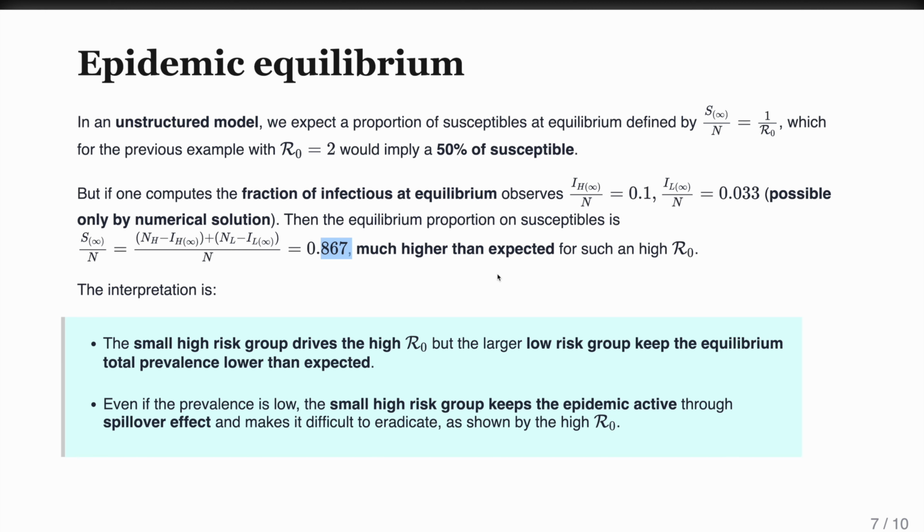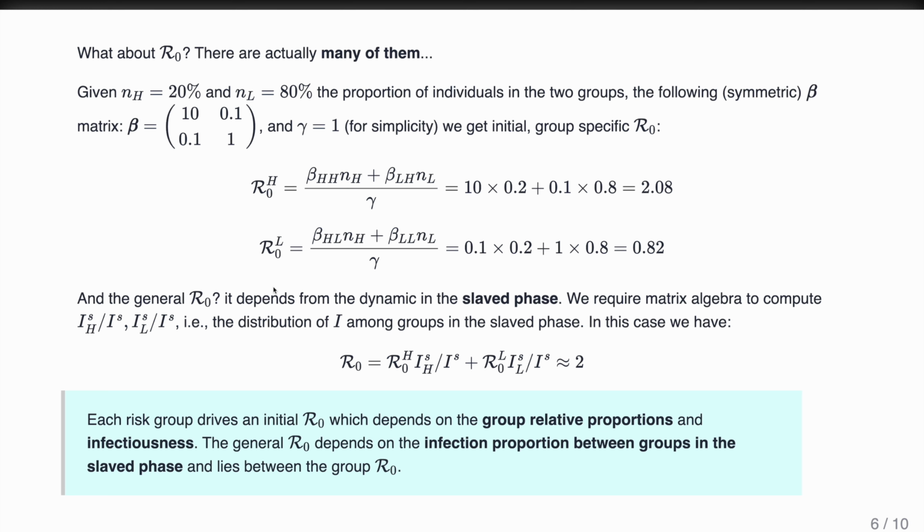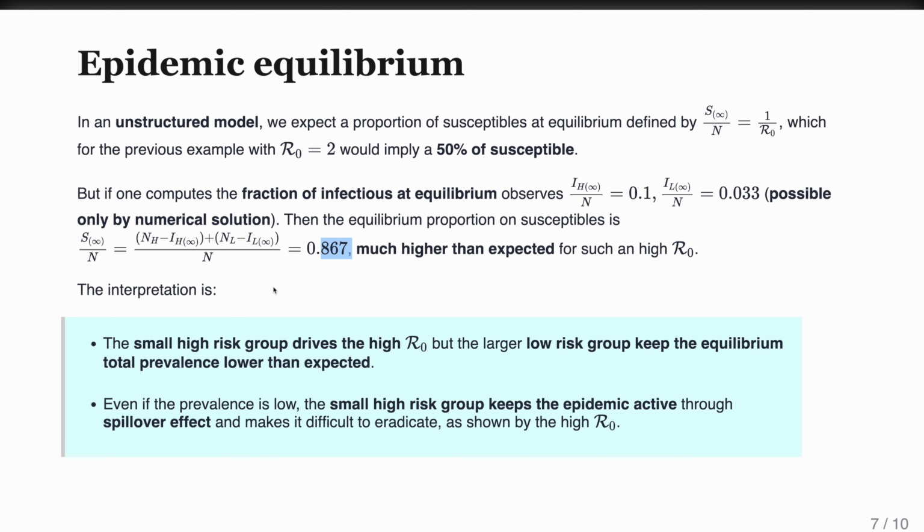So it happens that the small high-risk group drives the high R naught in the whole population, but since the small high-risk group is a minority of the population, the overall prevalence will still be low, because the low-risk group keeps the equilibrium prevalence lower than expected.